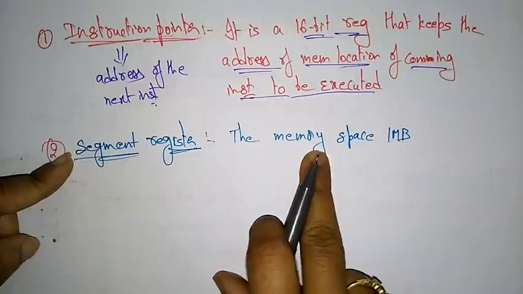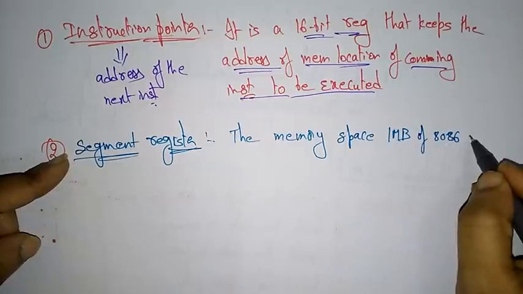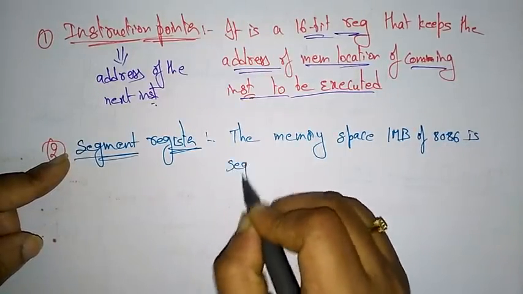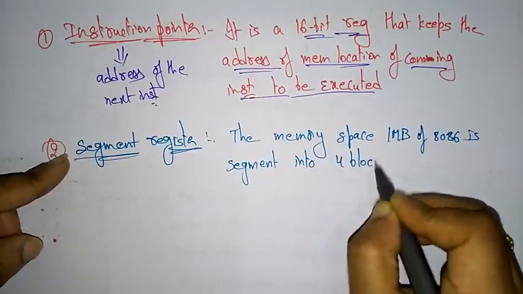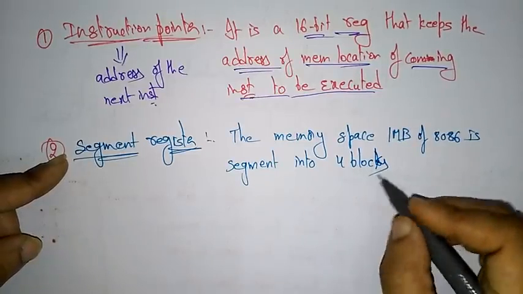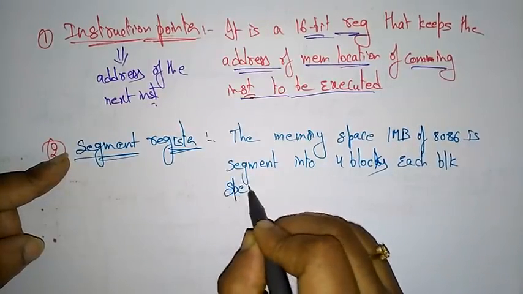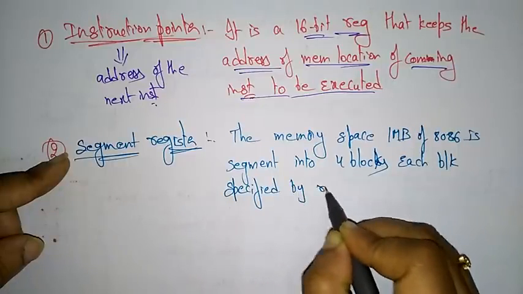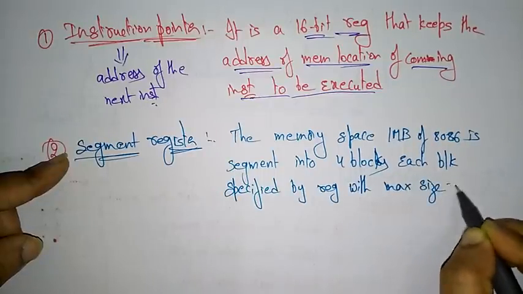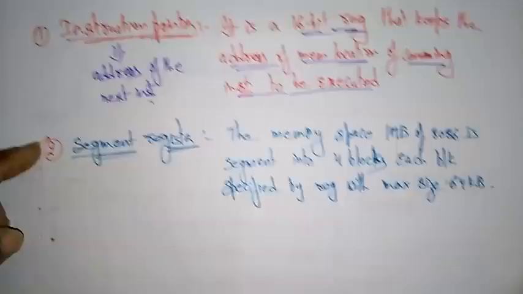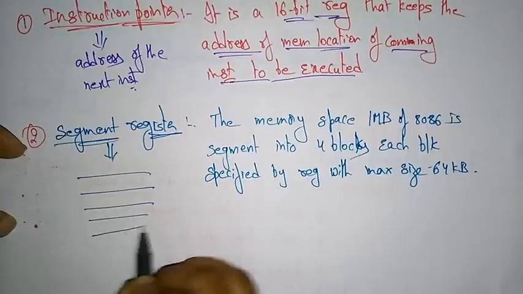So the 1 megabyte of memory of the 8086 is segmented, meaning divided, into 4 blocks, each block specified by a register with a maximum size of 64 kilobytes.